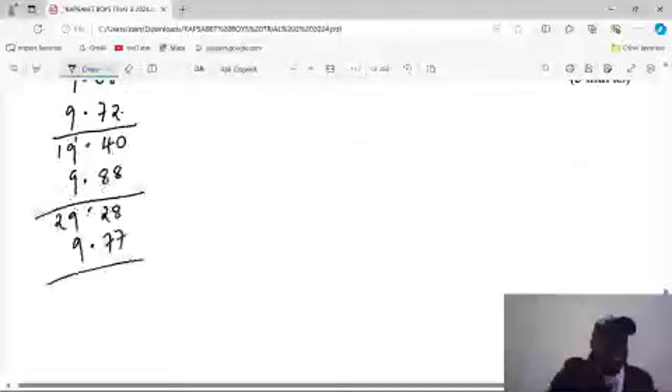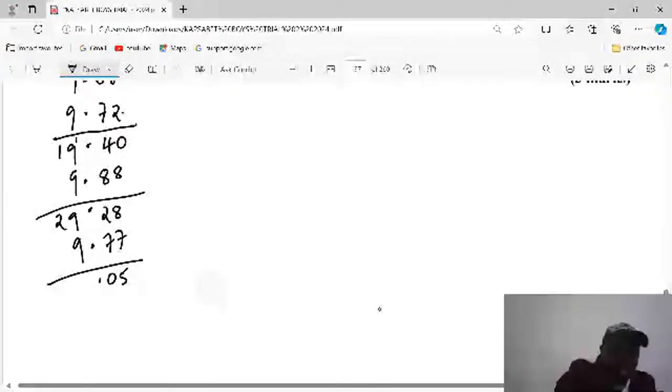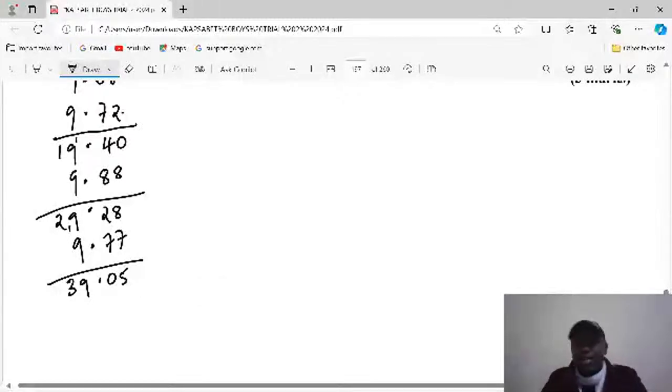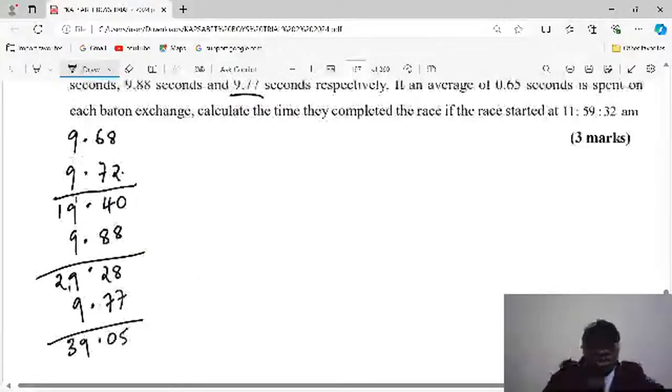That gives us 105. And this means we can remain with 0.5, or simply 5, what we call centiseconds, and we carry a complete second. So 39 seconds. That is 39 seconds so far. Let's get back to the question.